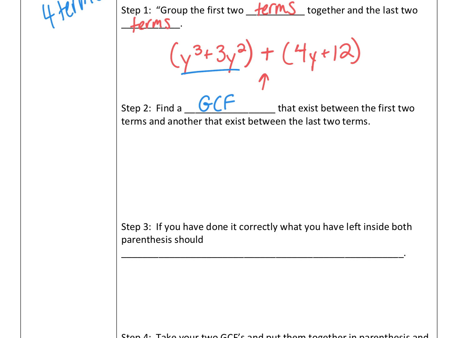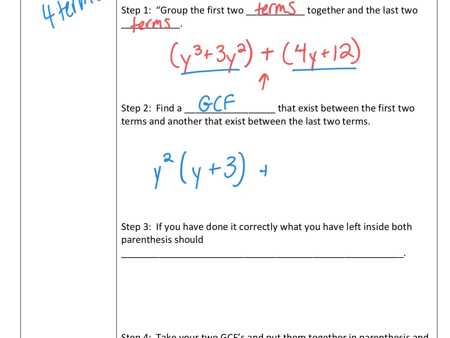So y cubed plus 3y squared, what do they both have? Well, they don't have a coefficient in common, but they both do have 2 y's, okay? And when I take out y squared, I end up with y to the first plus 3. Perfect. Okay, keep my plus sign here.